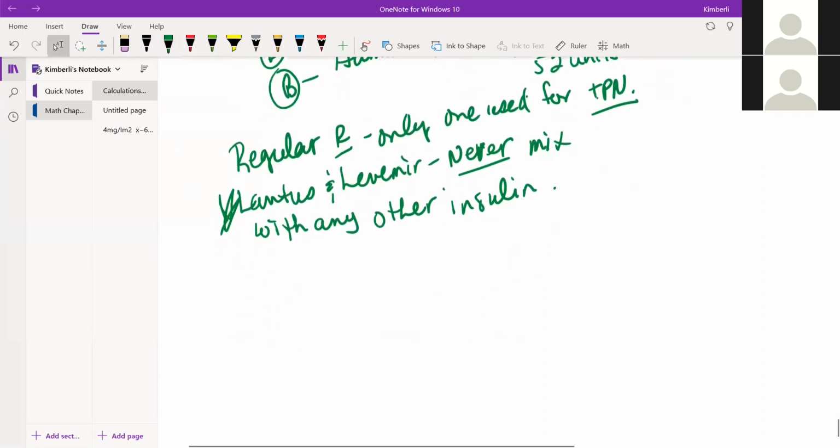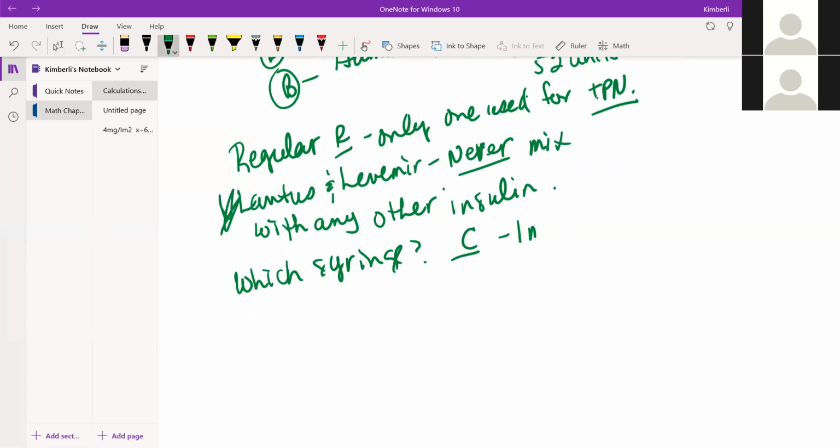So which syringe? C, which is the 1 ml or 1 cc or 100 unit syringe, right? Yes. Because it won't fit in the 50 because there's too many units.